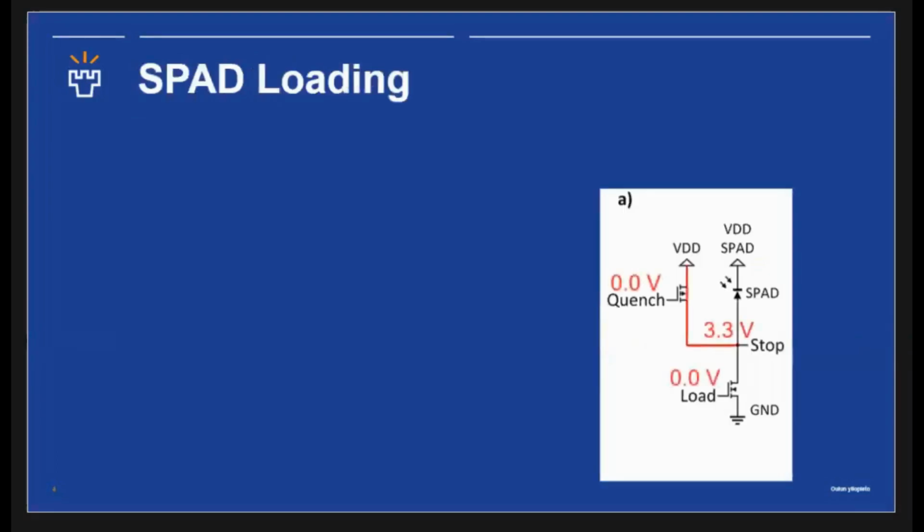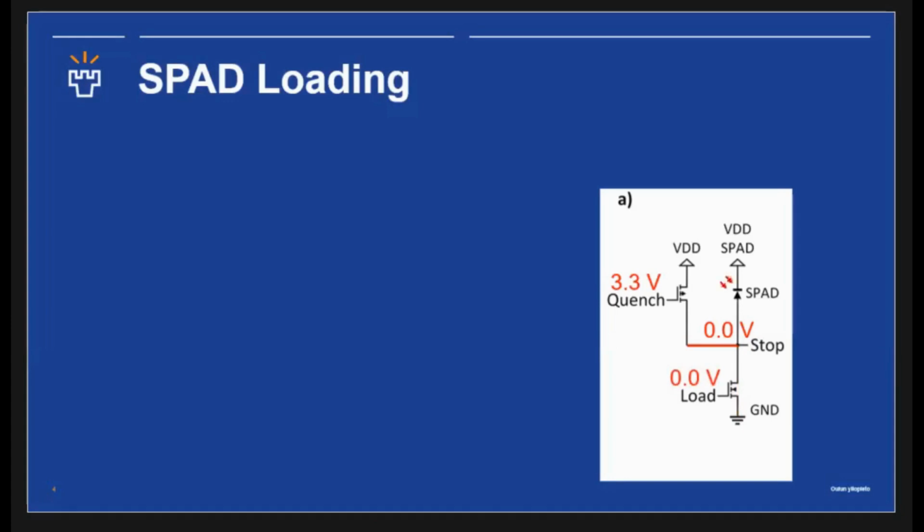In the traditional SPAD loading circuit, the SPAD anode is set to high with the quenching. After the quench, the load transistor sets the anode to 0. The loading signal has to be short, to prepare the SPAD for the Geiger mode as quickly as possible.